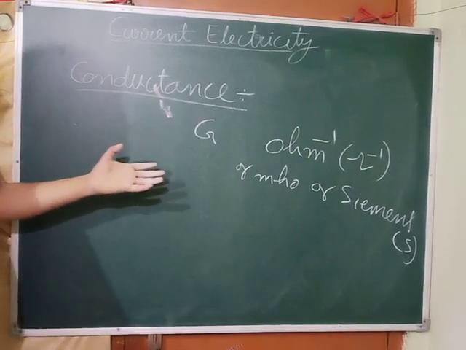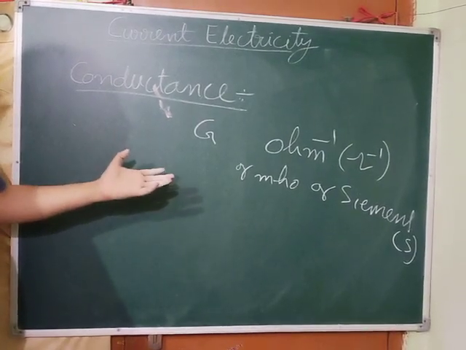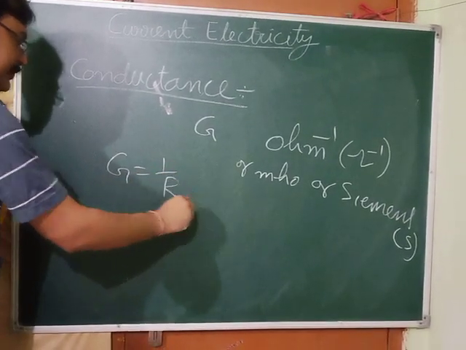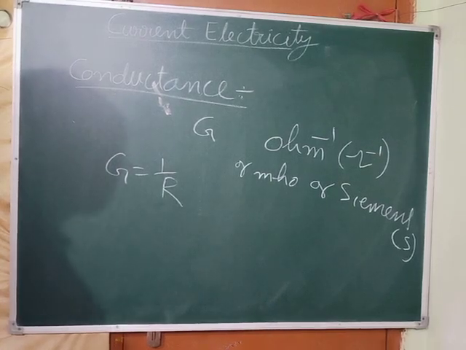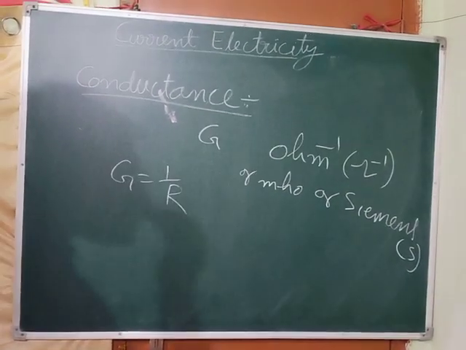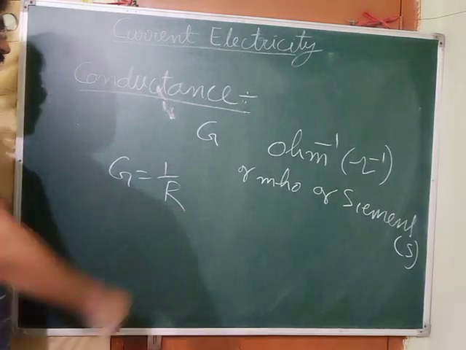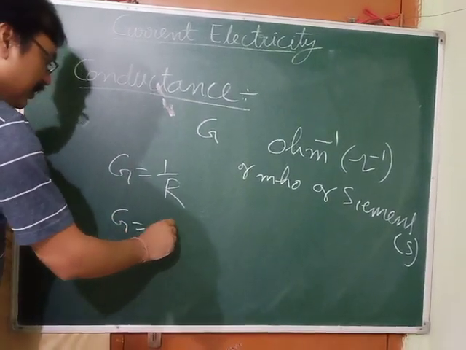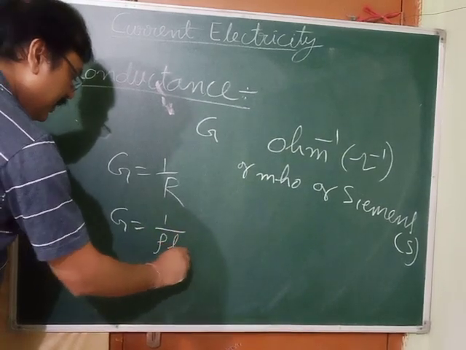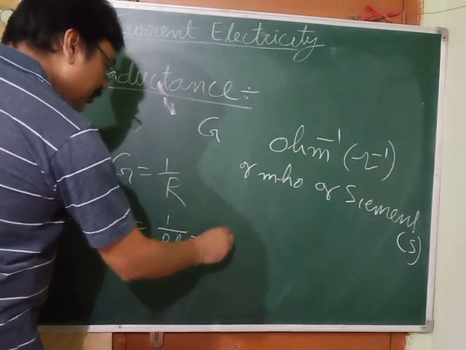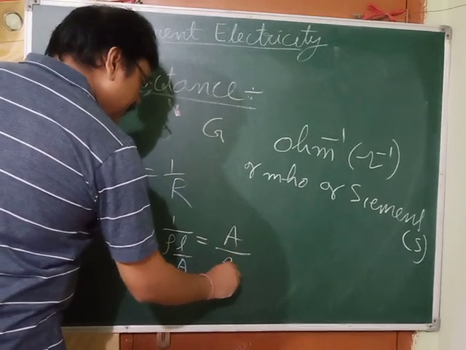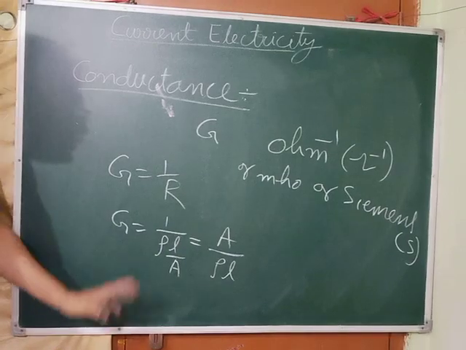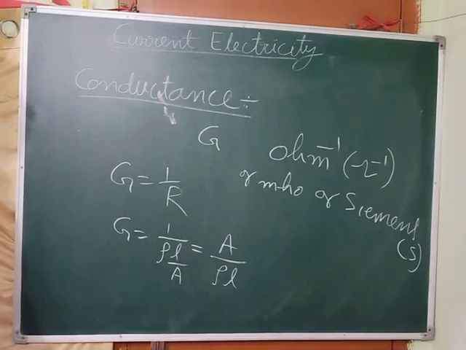Now, how is it given? After this you write, it is given by G is equals to 1 by R. But what is the formula for R? You know, it is rho into L by A. So you can write 1 by rho into L by A. So what you will get? You will get A upon rho. So what is conductance?